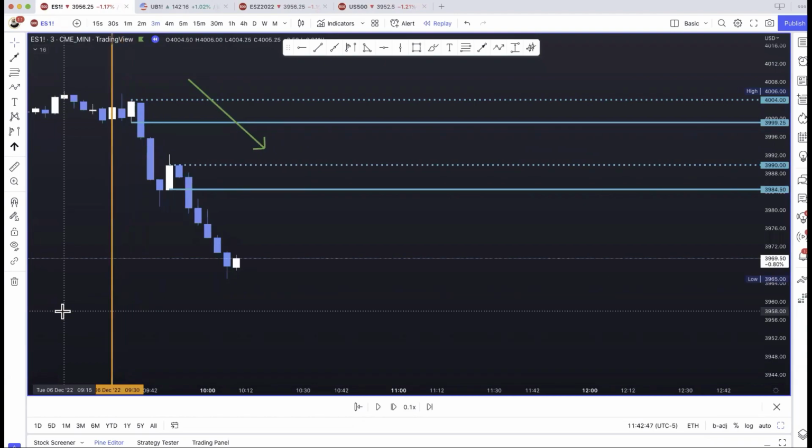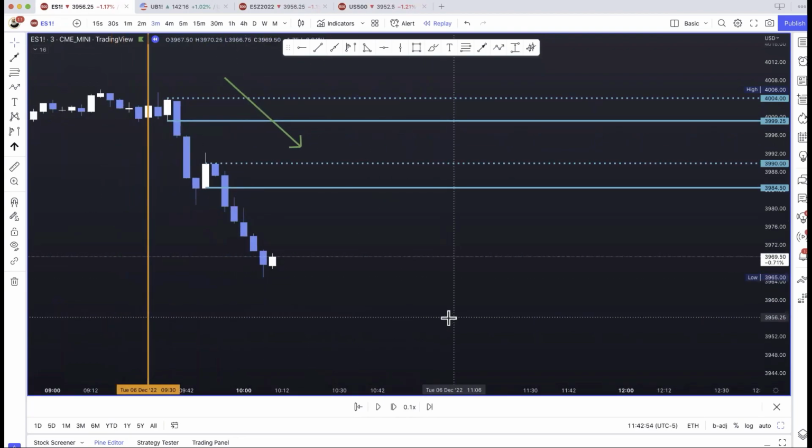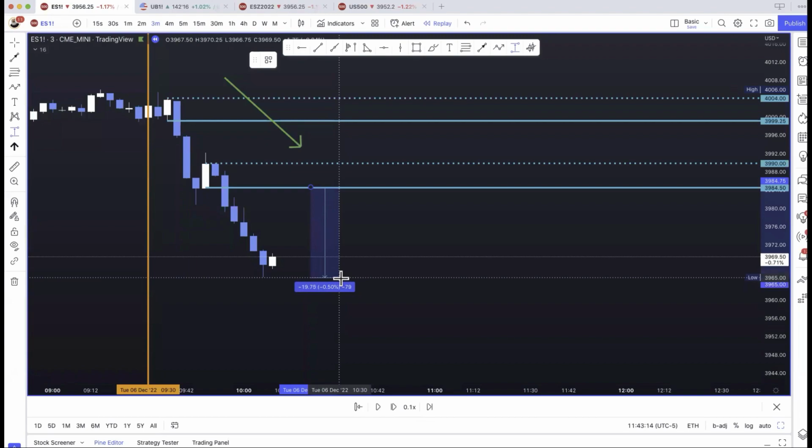Okay, now at this point, 1, 2, 3, 4, 5 candles. One of the questions you have to start asking yourself, if price comes back here, do I want to go short? How must this price action return to this level for me to go short? You know, it is 20 points away.